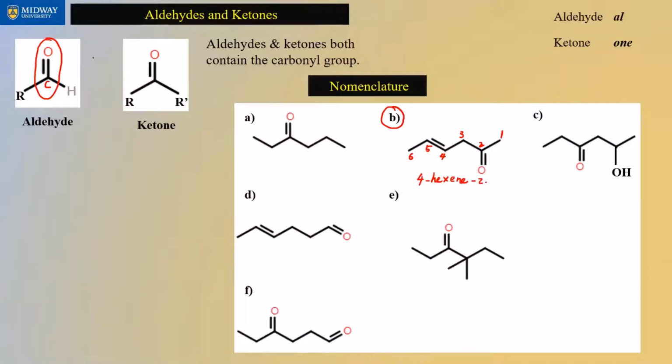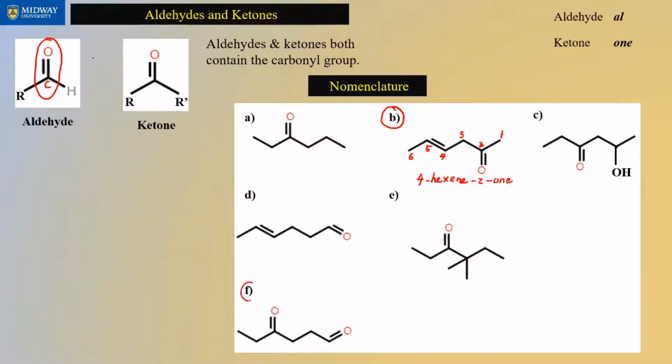That's the position where the C double bond O is, and then it's a ketone, so it's 2-one. Remember that? Many of you are able to pick it out if it was already done for you in the choices. Only few of you are actually able to write it out from start to finish for this particular compound, and I believe an alternate version of this was on the test.